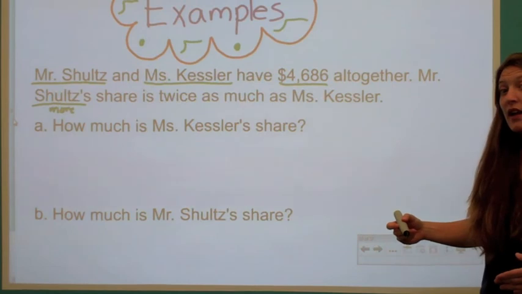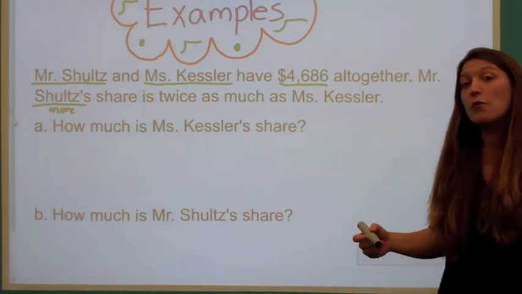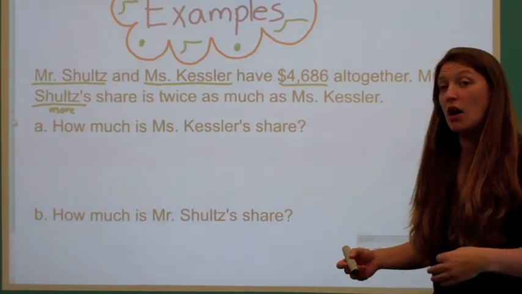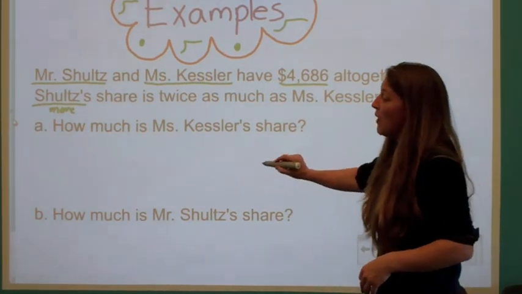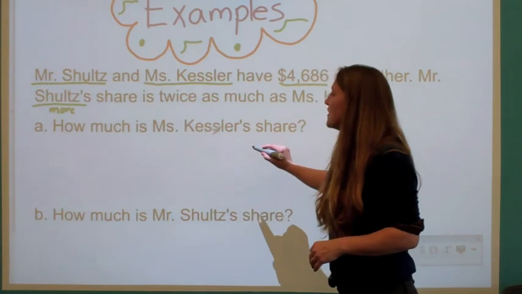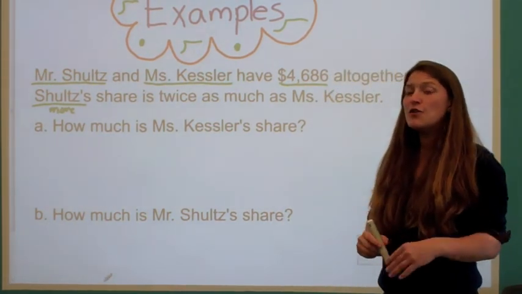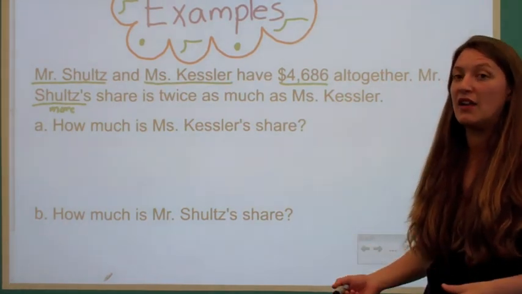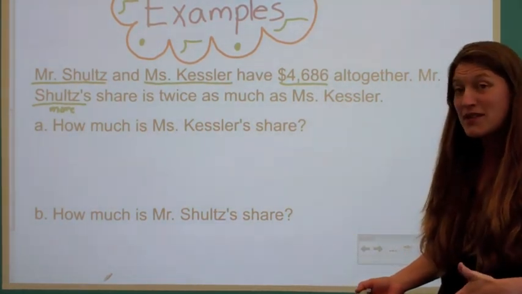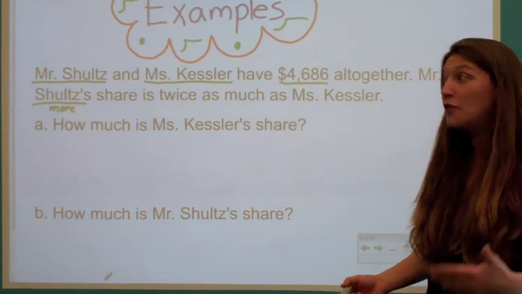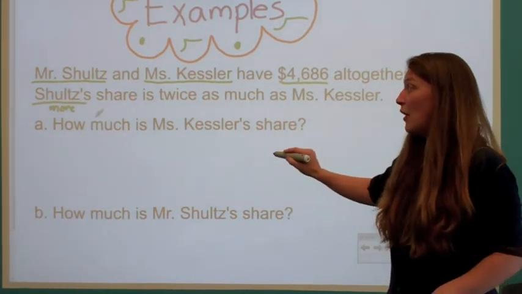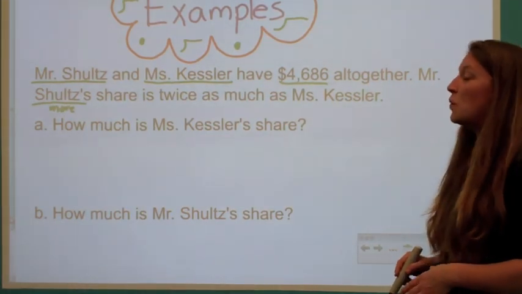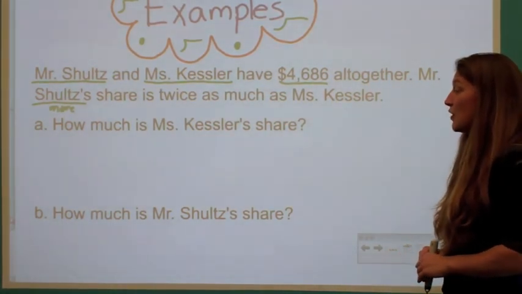Now, the third step for our word problems was to figure out what they want us to solve. So looking at part A, it says, how much is Miss Kessler's share? So I have to ask myself, what do I have to do to find that answer? And there might be steps that you're going to have to take before you figure this answer out. So let's read the word problem one more time just so that we understand what the word problem is asking us to do.